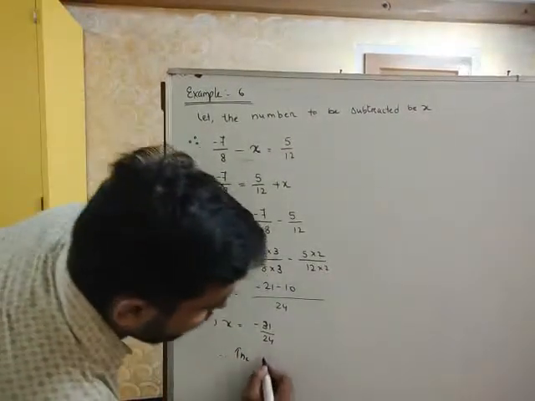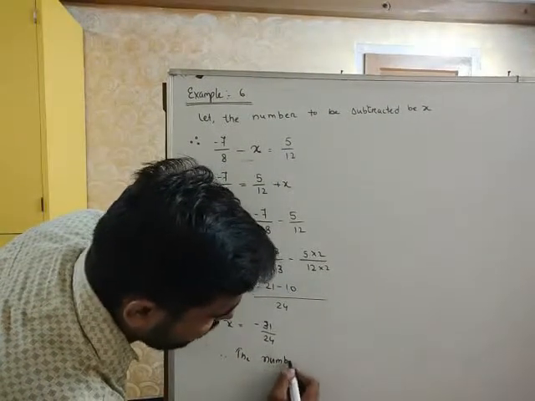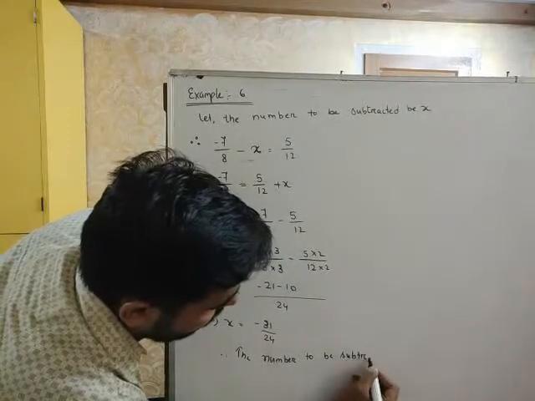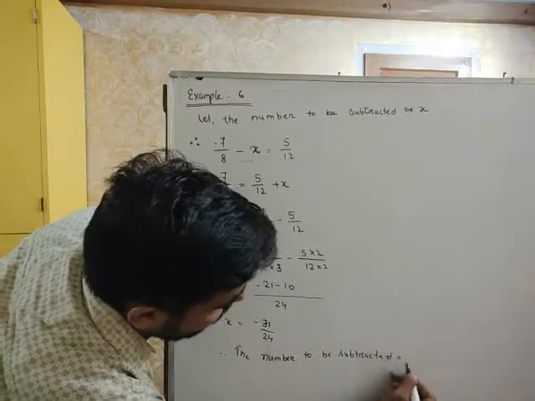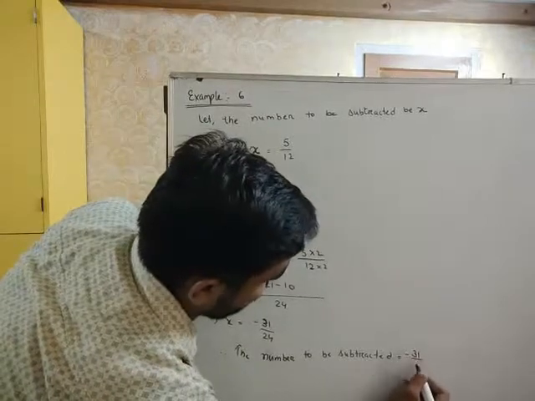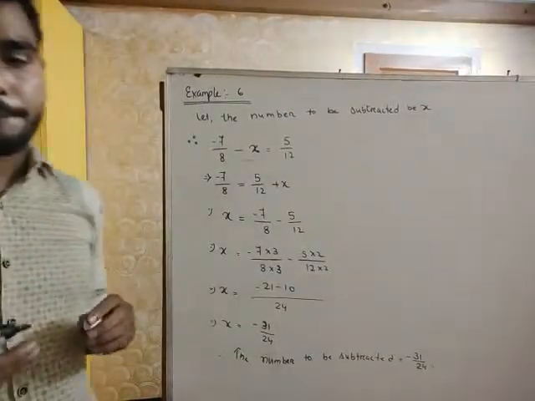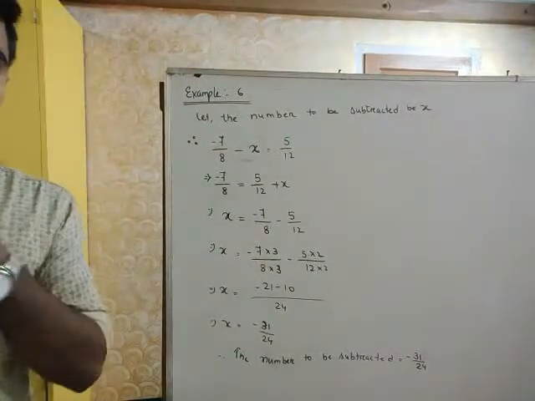Therefore the number to be subtracted is equal to minus 31 by 24. Okay.